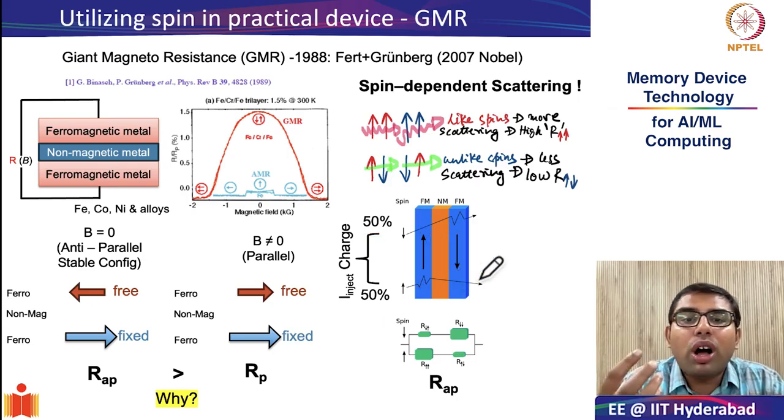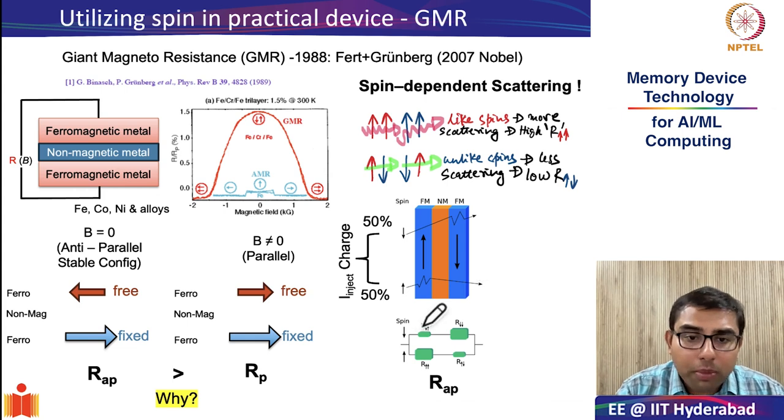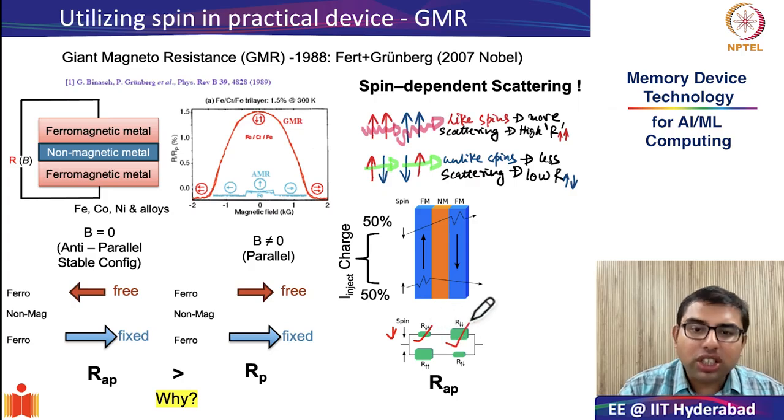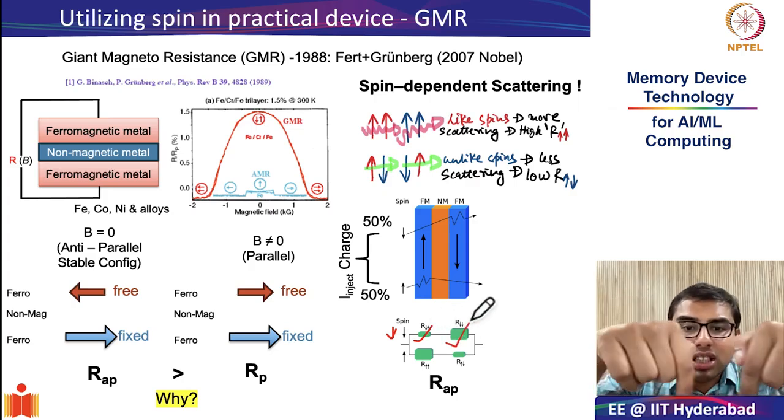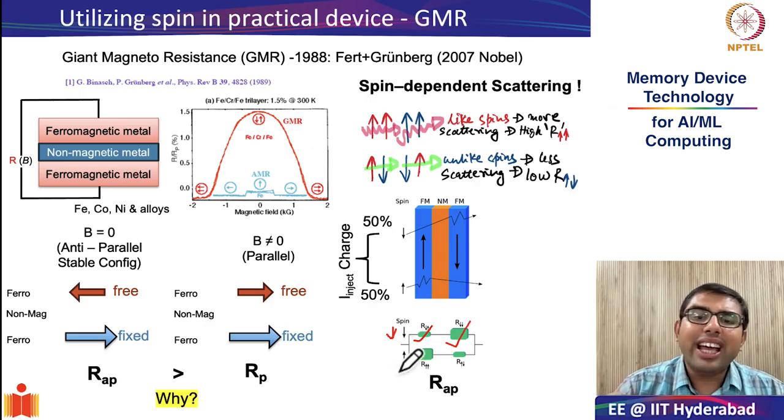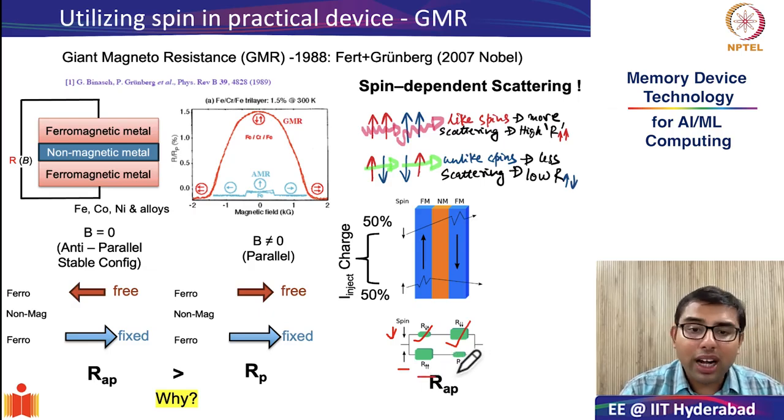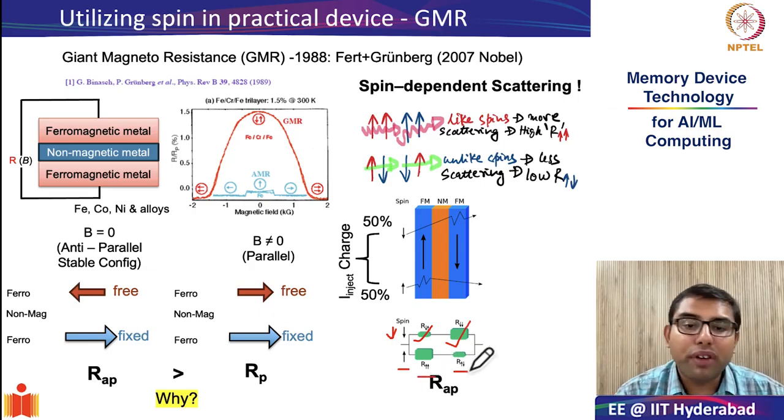So if we draw the equivalent circuit diagram, the downspin will have very low resistance in the first ferromagnetic layer, but high resistance in the second ferromagnetic layer where there is the same spin configuration, and exactly the opposite will be the case with the upspin. High first in ferromagnetic layer 1 and low in the second ferromagnetic layer.